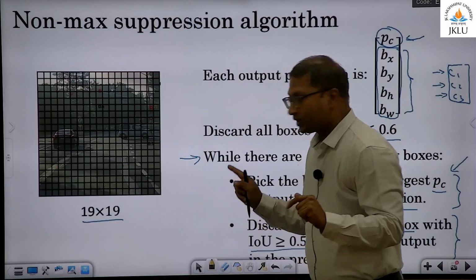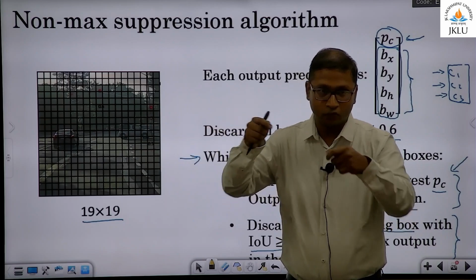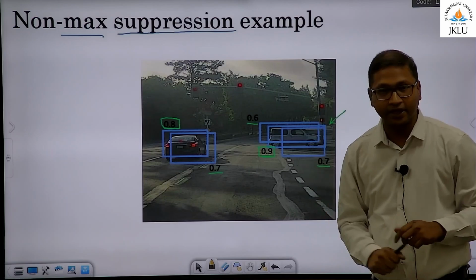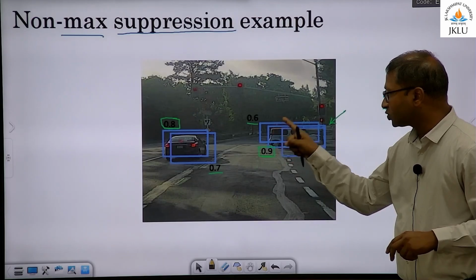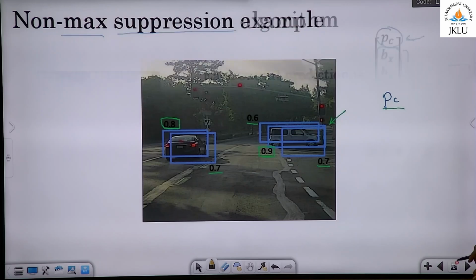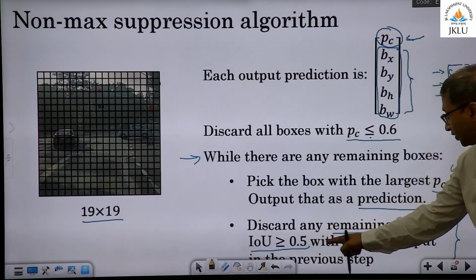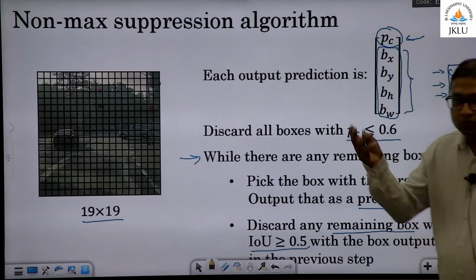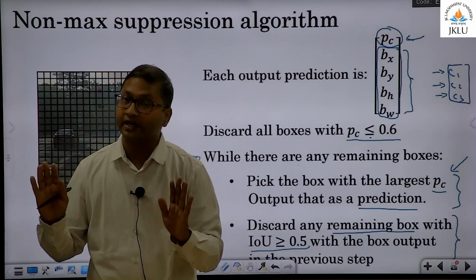Now compute IOU, so take this 0.91, compute IOU with these two boxes, and those that have IOU greater than 0.5 with the box, you discard them because most likely they are detecting the same object. Again we say most likely.